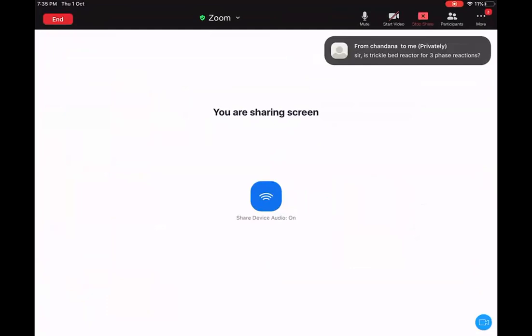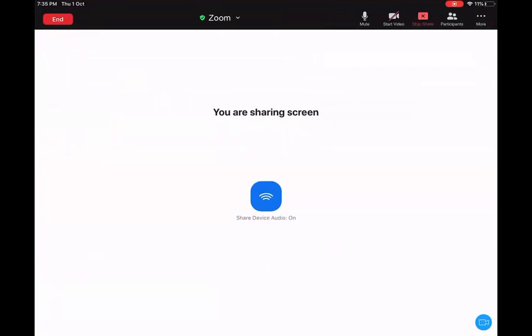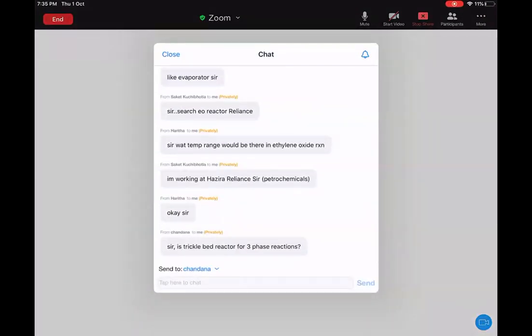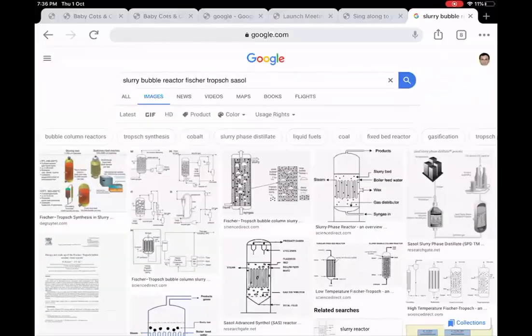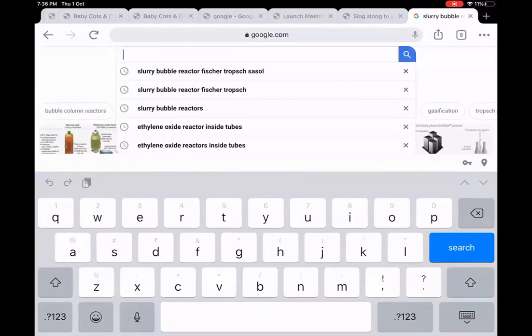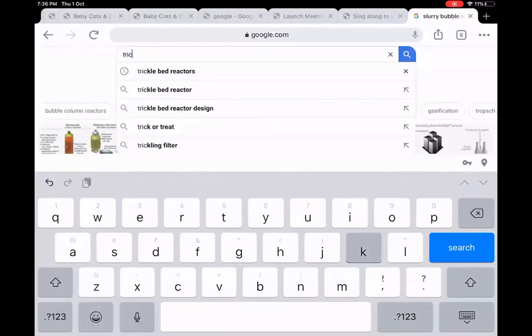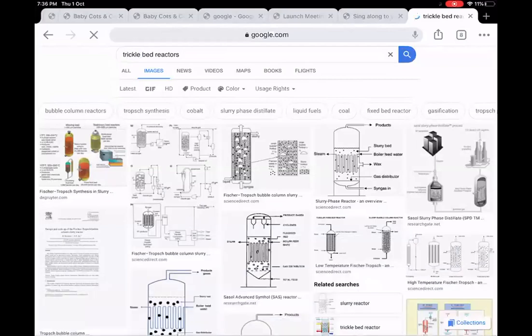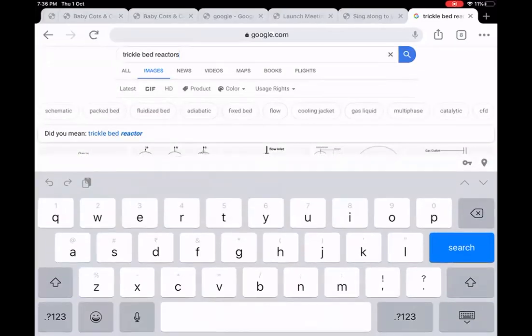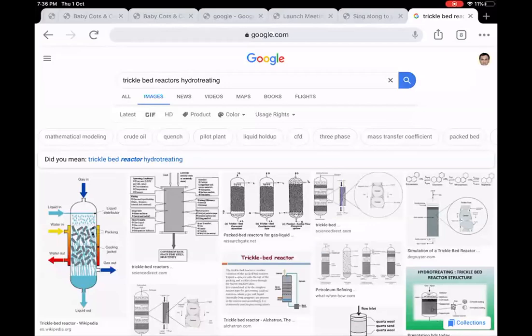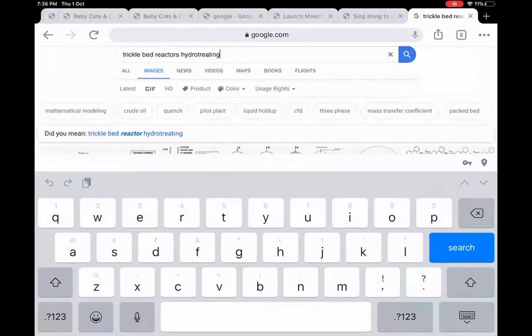And then trickle bed reactors, which are three-phase reactors. Reactor-wise, you don't see anything special, since a trickle bed reactor is a packed bed reactor. But the important thing is the nozzle, as trickle bed reactors are used in hydrotreating. The nozzle design is the important thing.